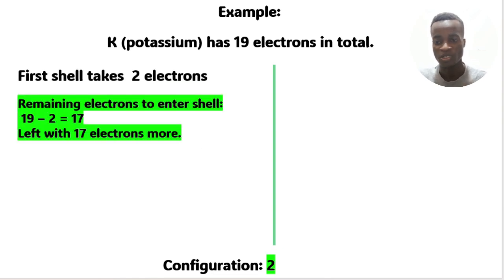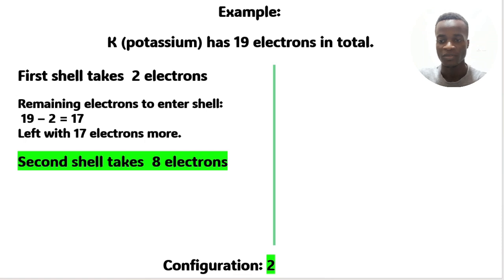Then you proceed with the remaining electrons to enter the shells. We have 19 electrons, but we have already configured 2. So 19 minus 2 gives us 17. So we are left with 17 electrons more to fill, right? Now we move on from the first shell to the second shell, which will take 8 electrons because we are following the 2-8-8 approach.